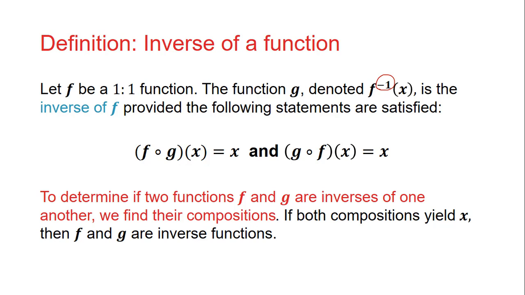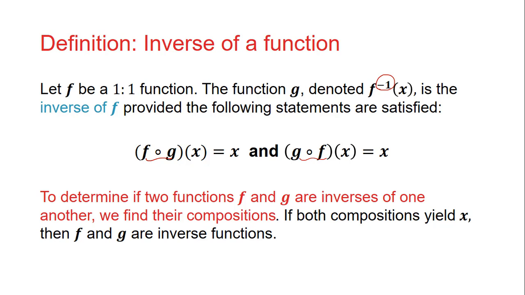That f composed with g of x is equal to x, and g composed with f of x is equal to x. So there are those compositions that we love so much, but this is saying that if we start with the function g, apply f to it, we're going to get back to what we started with. If we start with the function f, apply g to it, we'll get back to what we started with.